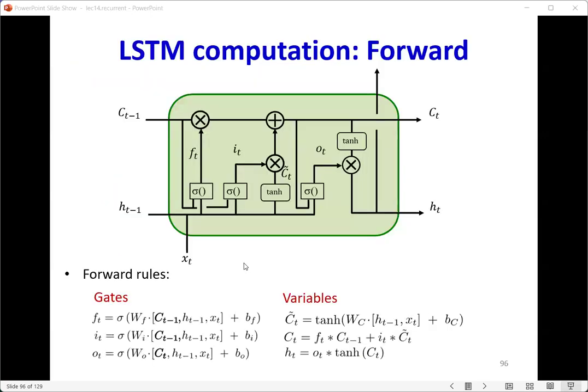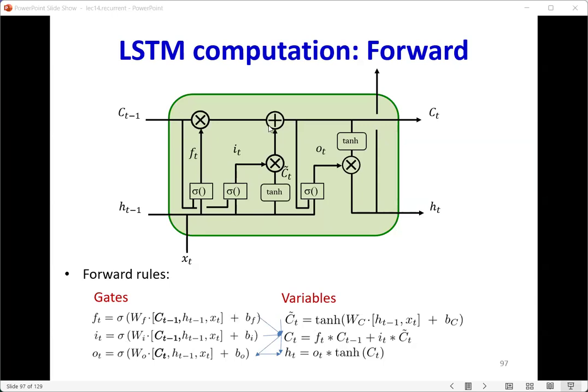So here is the complete set of operations. You have the C and H coming in. First you compute the forget gate. Then you compute the input gate and the actual pattern. So here's the order of computation: you compute the forget gate, the input gate and the patterns.